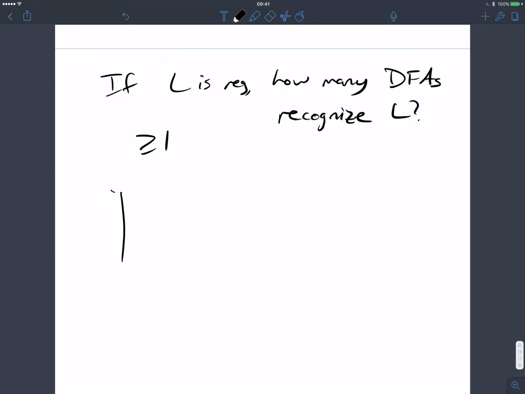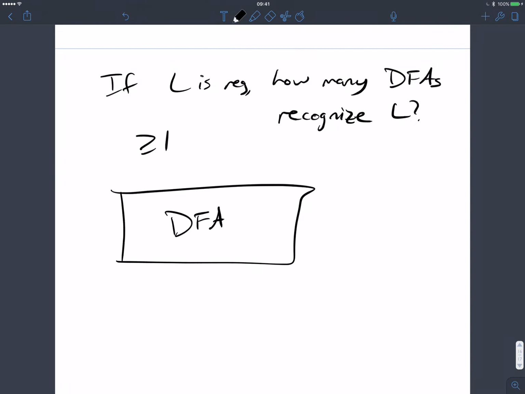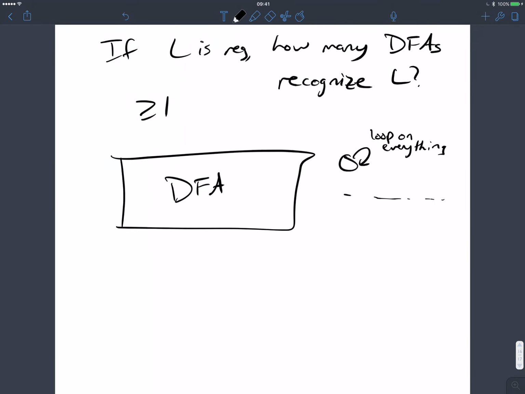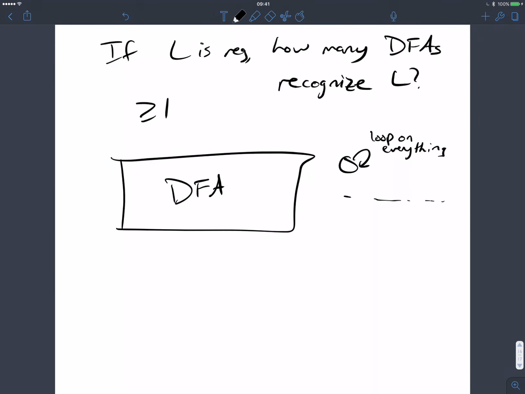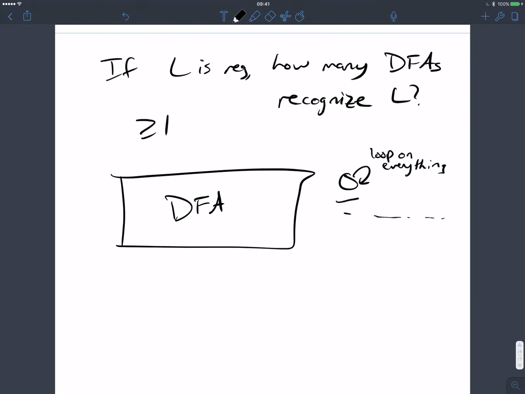Exactly. So if I have this DFA right here, whatever it does, I can just put states that loop on everything, over and over as many times as I like. Does that change the language? No, because there's no way to get to the state anyway. And is there any reason in the definition of a DFA why I can't have a state out here like this?